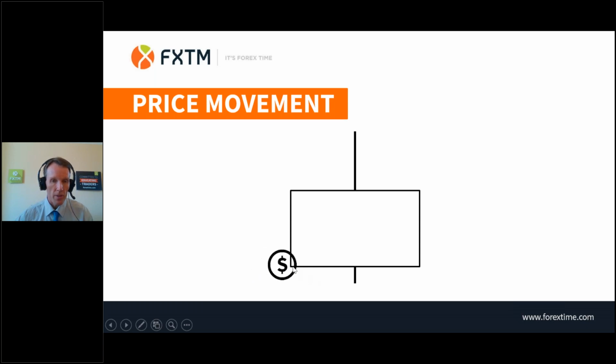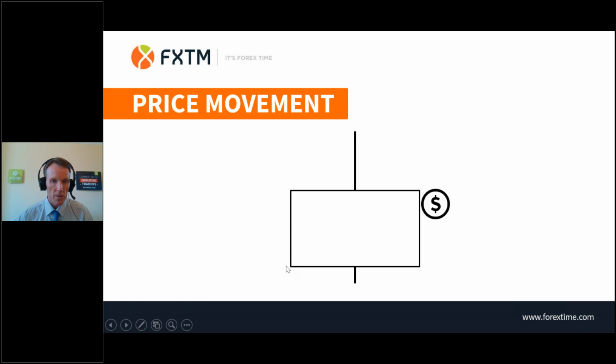Price opens, like I showed you, it goes up, goes down, goes all the way up, and then it closes there. So that's the price movement that's represented with this one candle. It opens there. It doesn't matter what happens inside here. It went down at some stage, it went up, and it closed there. So this is what is represented.